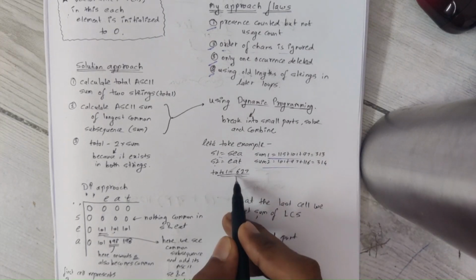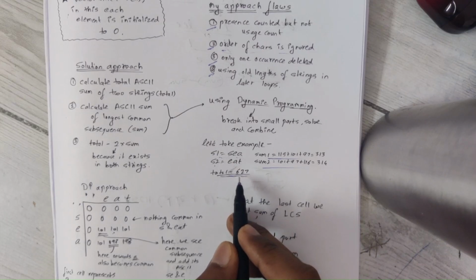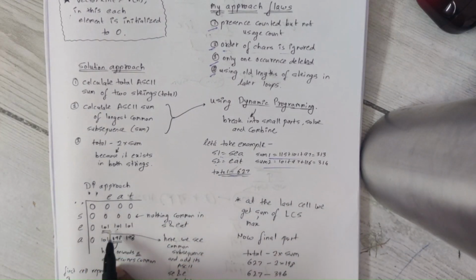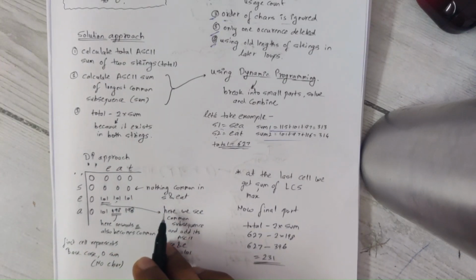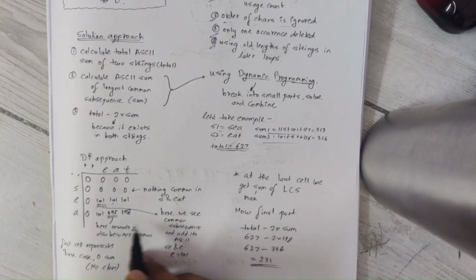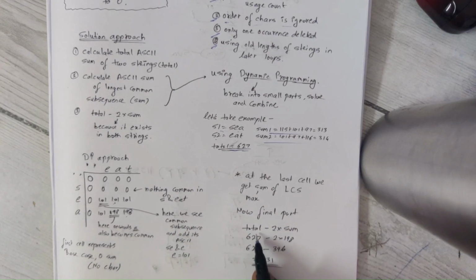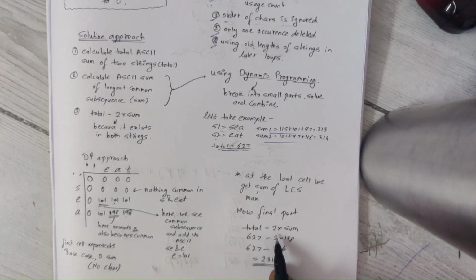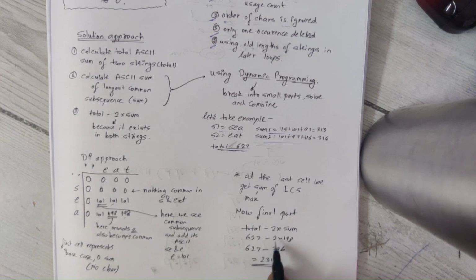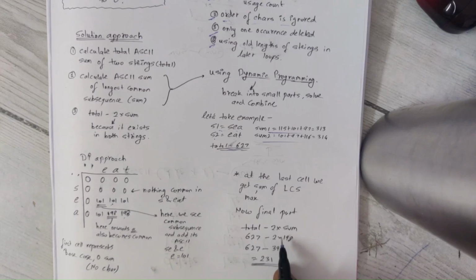The total sum comes to be 627. Then in the DP approach we will compute the maximum longest common subsequence ASCII sum, which comes out to be 198. Then the answer is total minus 2 times the sum of the longest common subsequence ASCII sum, and it is subtracted twice because it has occurred in both the strings.